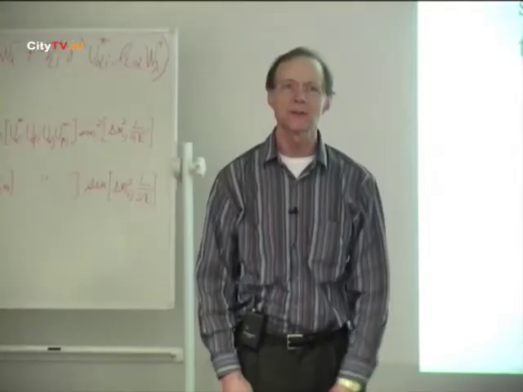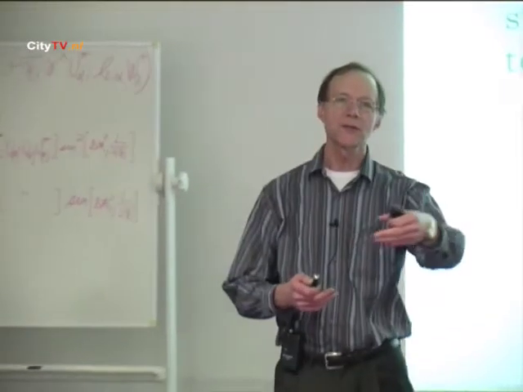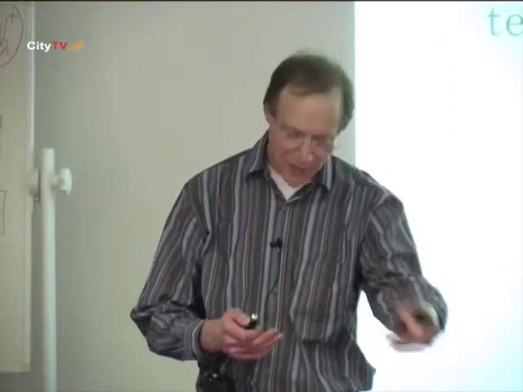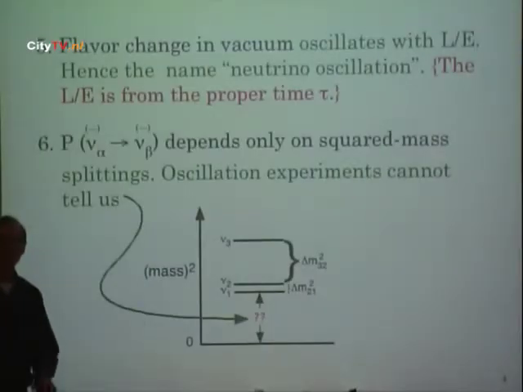Apart from a constant, if the neutrino travels a distance L in your laboratory frame with an energy E in your laboratory frame, then the proper time that has elapsed in its own frame is L over E. That's why the variable is L over E and not something else.